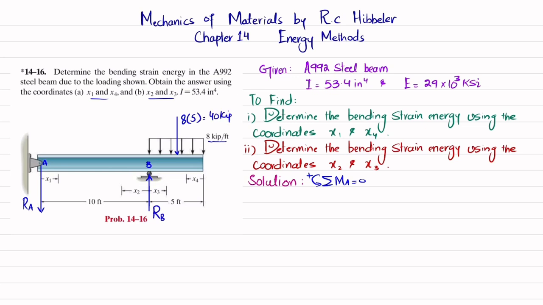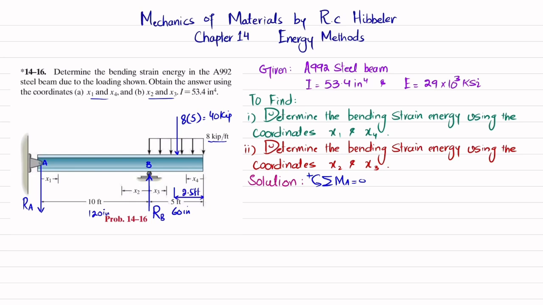And this will act at a distance of 5 by 2, which is 2.5 feet. This 5 feet is also equal to 5 into 12, which is 60 inch, and this will be 10 into 12, which is 120 inch. So later we will convert them into inches.